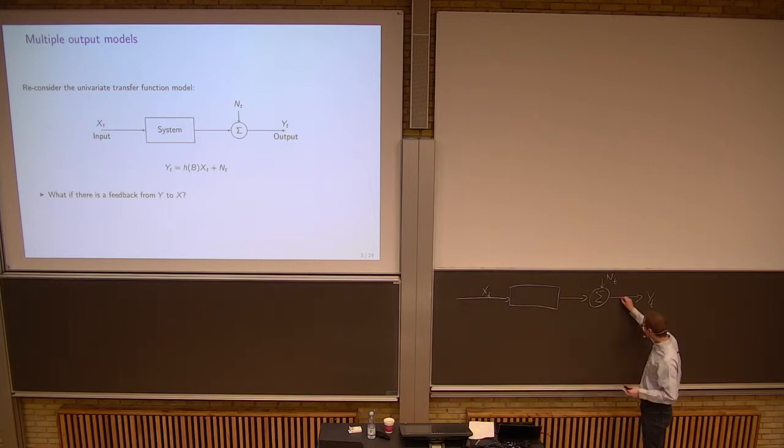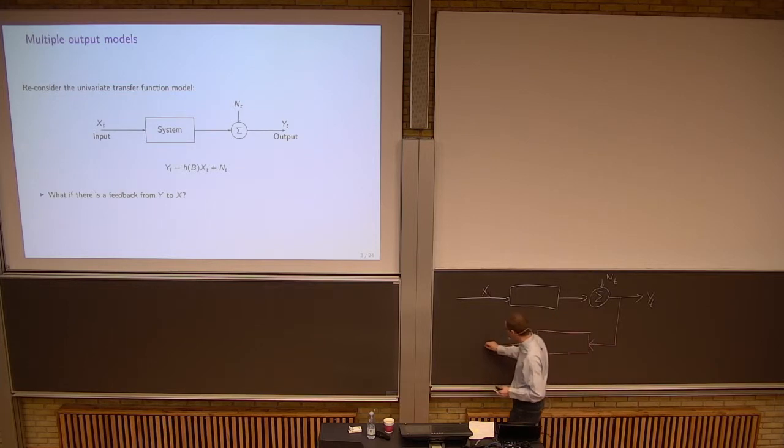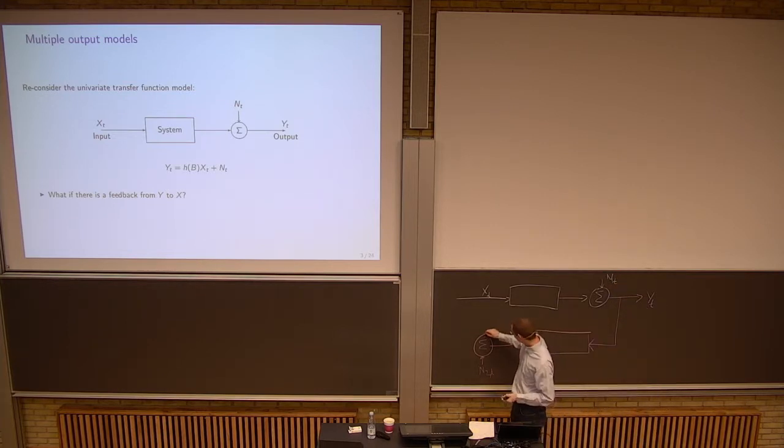We take the y over here, and then we run it into a system, and then we add some noise. Let's call this n2,t. Maybe we should give this up here a 1 as index as well. And then we take this and say that is xt.